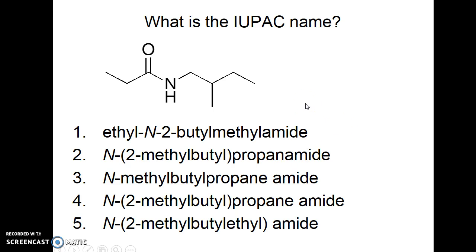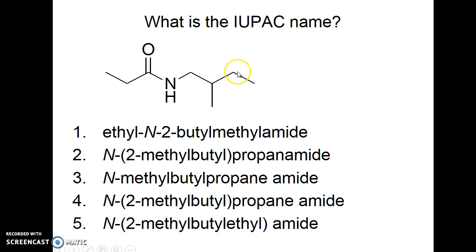What is the IUPAC name for this compound? Well, let's go ahead and look at these. This is the acid side, and it's an amide, so we're going to call it a propanamide. And you can see there's only one propanamide here. You wouldn't say propane amide. You wouldn't say all these others, so we're going to say propanamide.